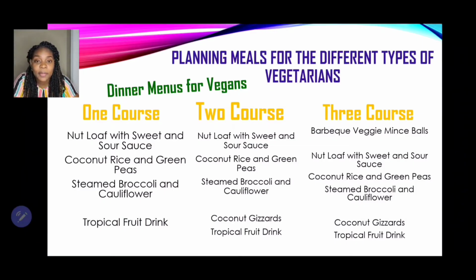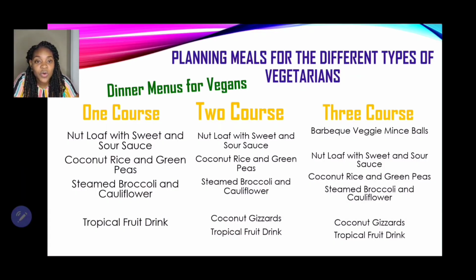So you may consume the appetizer and the main course, or the main course and dessert, right? While a 3 course consists of appetizer, main course, and dessert. Now it is very important to note that there are many more types of courses, but we're only focusing on 3, right?